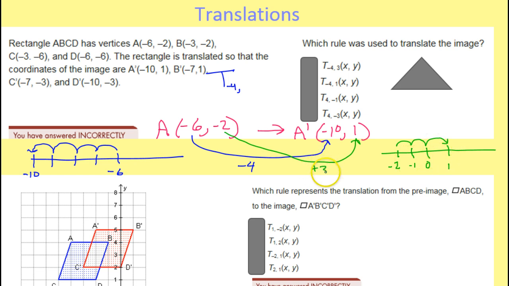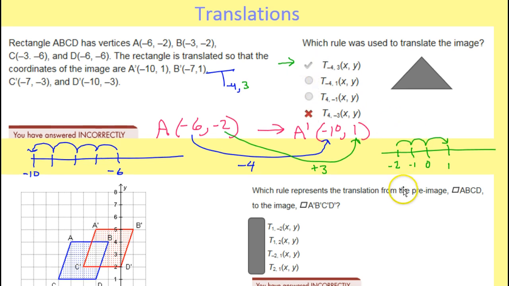That's +3 units. So I need a 3 right here. I said to the right, but this is the y value, so really that would be up. So we need the y value to be like this to indicate that we went left 4 and up 3 units. And so the answer should be this guy right here. Let's check it out. Kabam! That's why that's the answer.